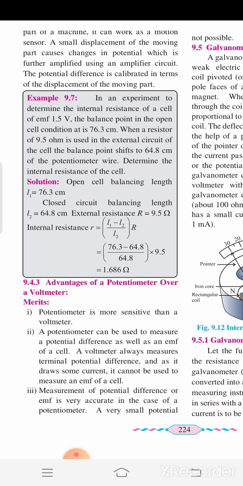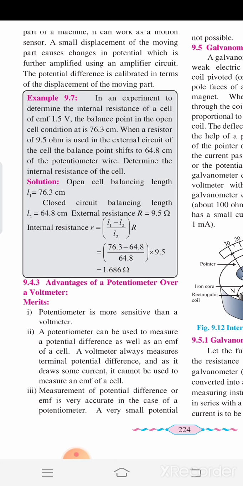For measurement of EMF as well as potential difference, a potentiometer instrument is used.